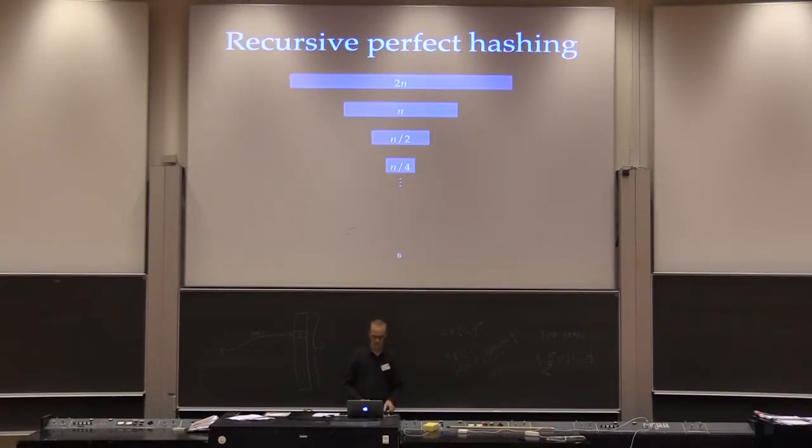So it looks something like this. We have this first function that hashes to a range of size 2n. Some of these hash values are going to be unique, so there we put a 1-bit. Other positions are going to be non-unique, there we put a 0.